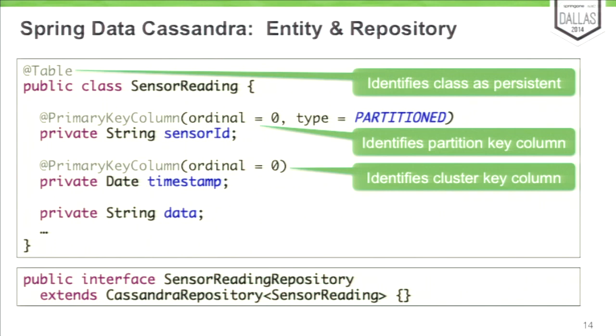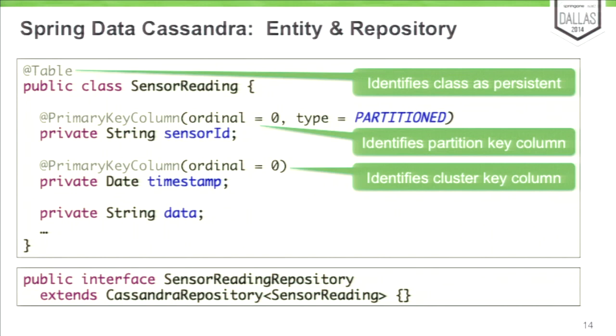All right. Those are POJOs, and like I said, for the half of you that haven't used Spring Data before, I can simply define an interface, not an implementation, that actually lets you do the basic CRUD operations for that entity against the data store that you're using, in this case, Cassandra. So what I've done here is defined a sensor reading repository.